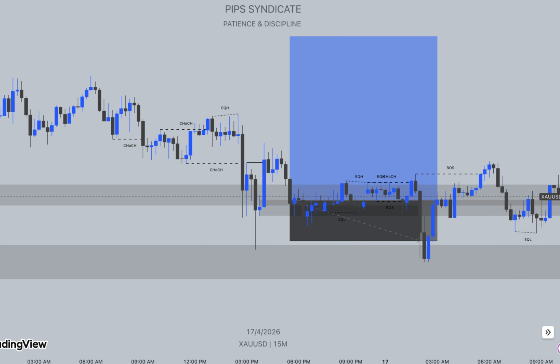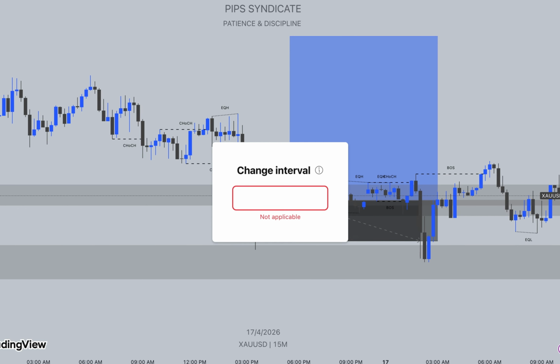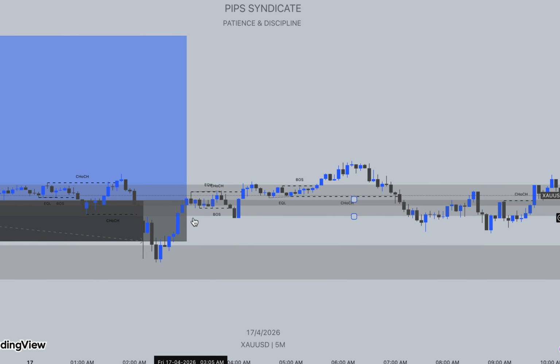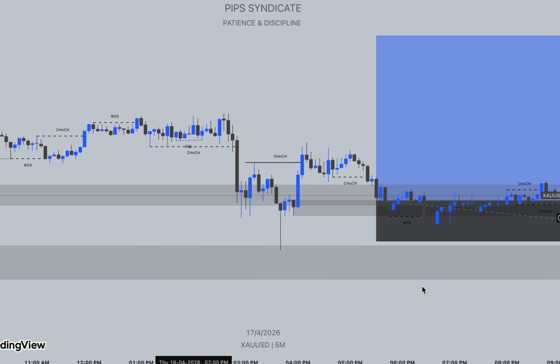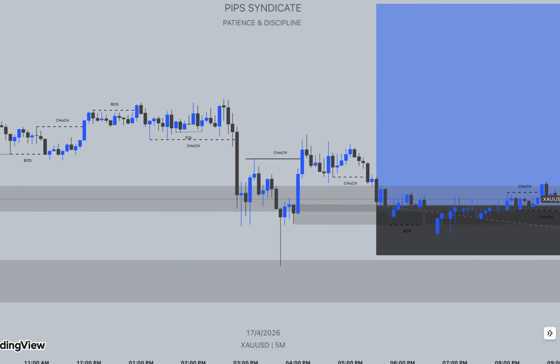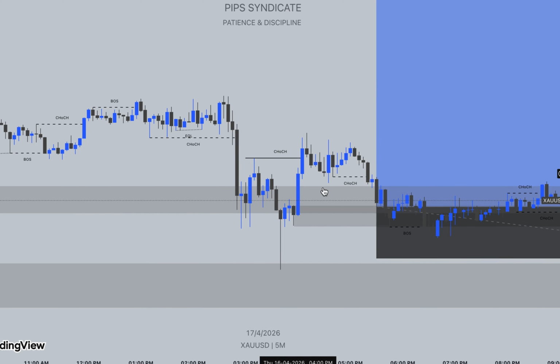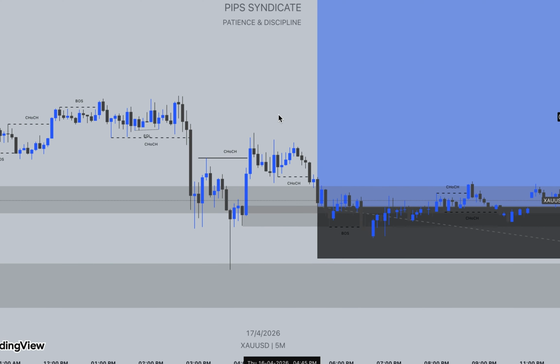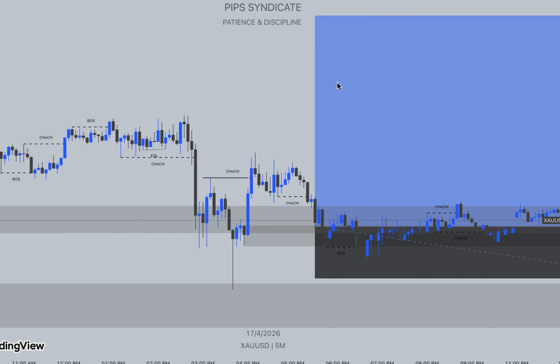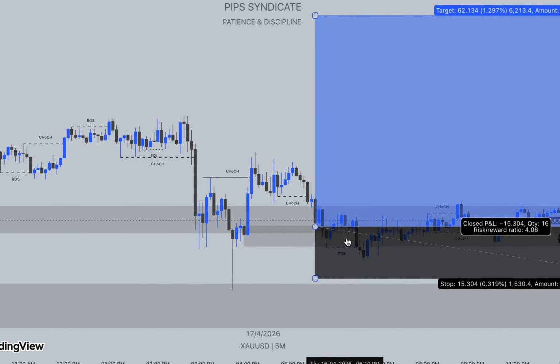So on the 5 minute time frame, I did not just anticipate this alone. I went to the 5 minute time frame. As you can see, we had a change of character, which gave me the decision to make that, okay, yes, price is going to the upside now. Since we had a change of character, I will actually buy at the retest.